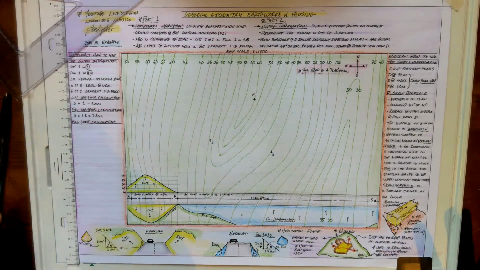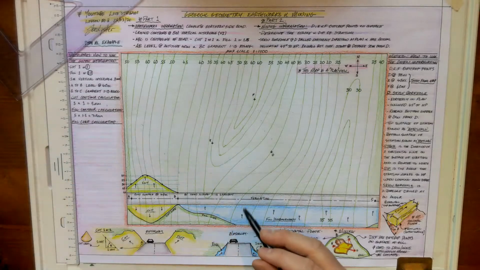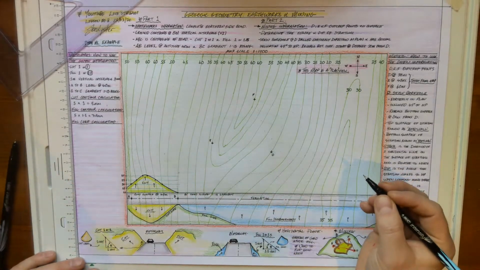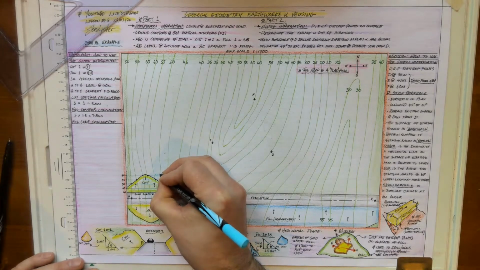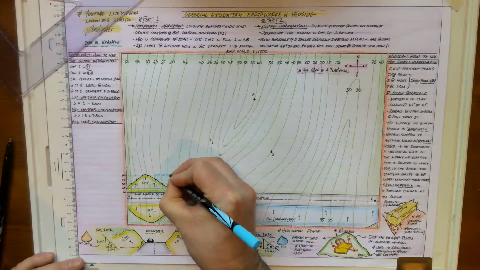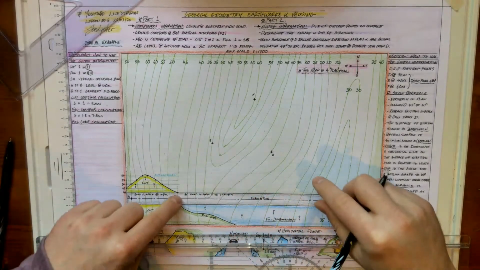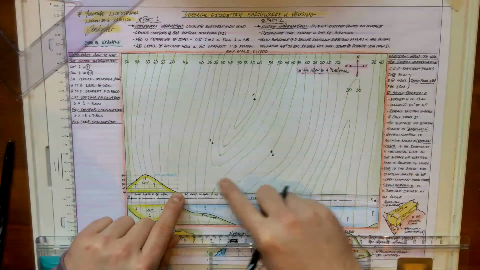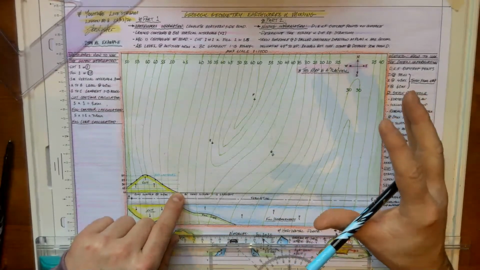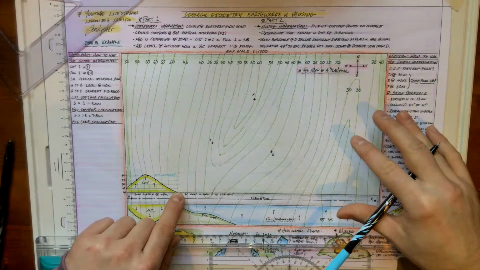So what way do we actually do the contour lines for this part, and is it going to be a cut or is it going to be a fill? I just want to write in here cut contours, just to reference that. In this area here, if we're at a height of 40, we've got to look at what contour lines we have and what height they're at.